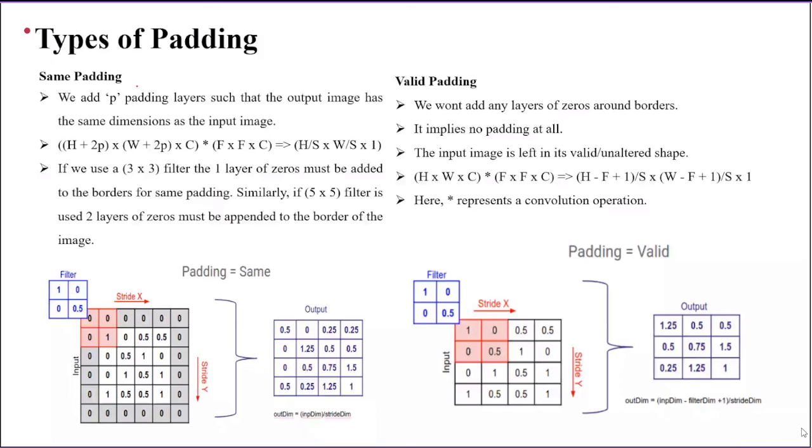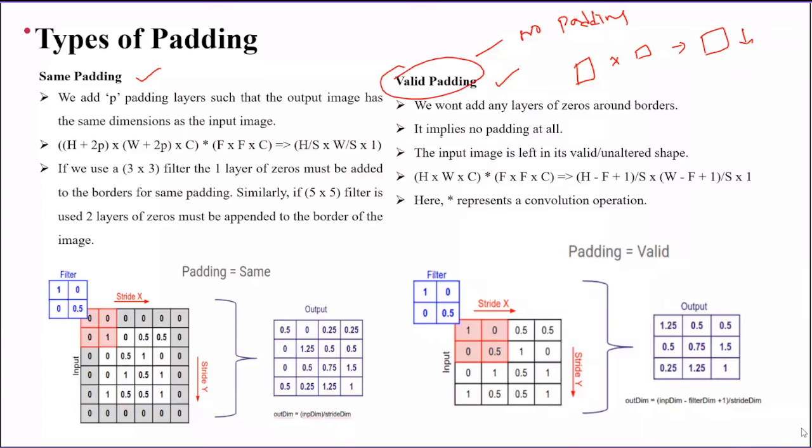Valid means no padding. So when you are giving an input image, after convolution operation with the kernel, the size will be reduced. The size of the activation map will be reduced if you are using valid padding.